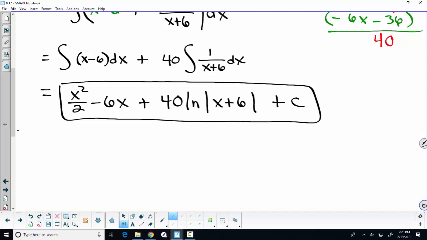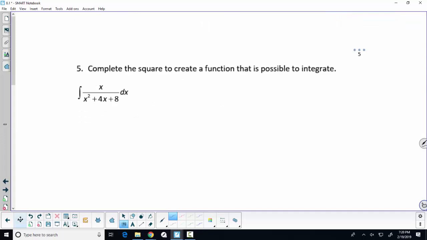All right, let's see. I think that the final technique that we can use is completing the square. So completing the square on x squared plus 4x plus 8.